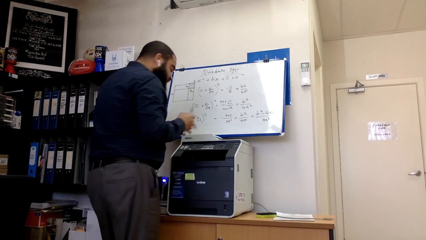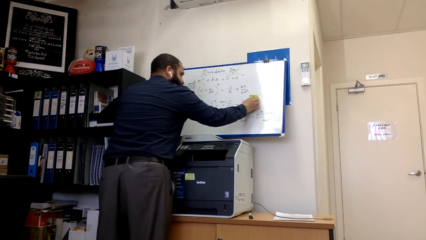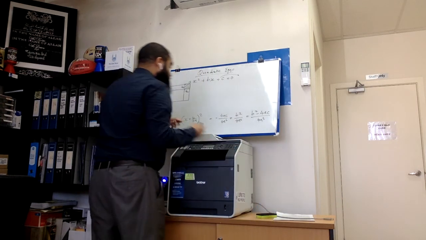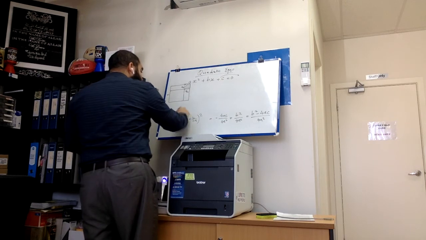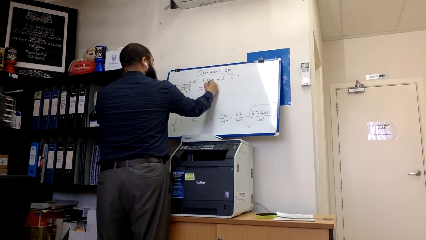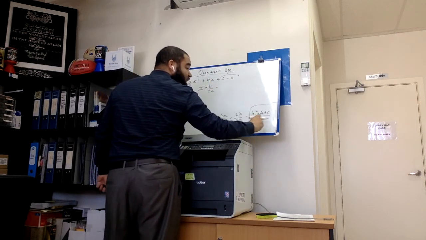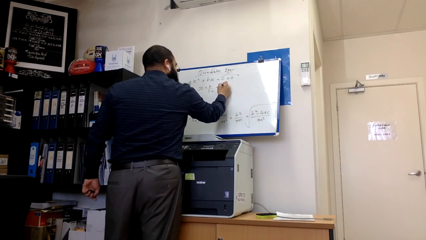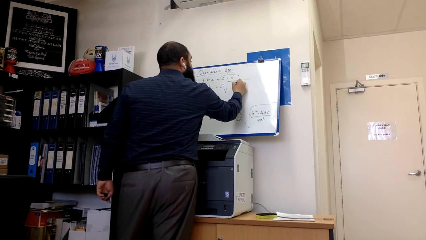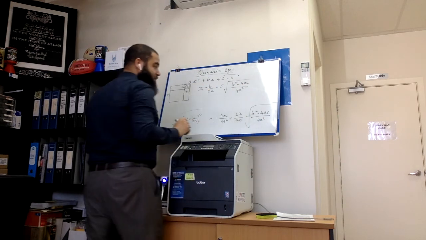Let us now continue from here. If I take the square root of both sides, it will be x plus b over 2a equals, all of these are constant, so I need to put the plus or minus as we explained before, square root of b squared minus 4ac over 4a squared.